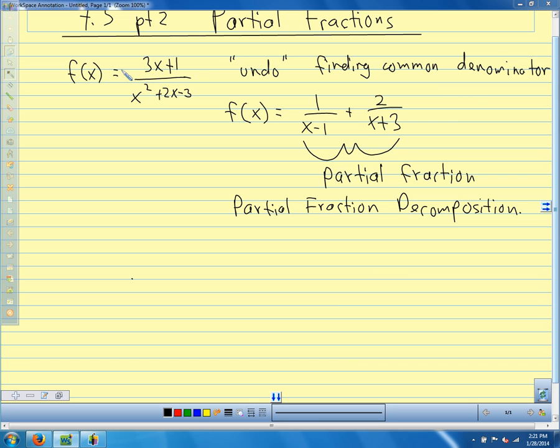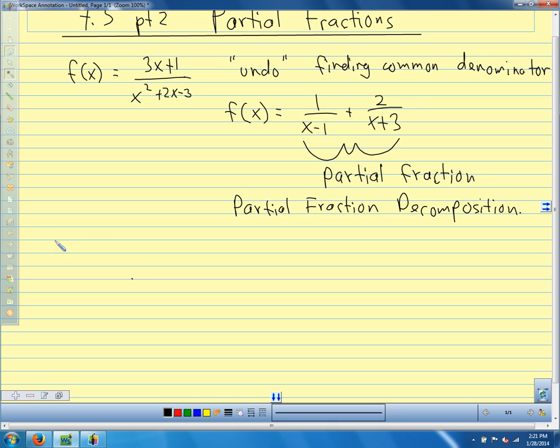So the process of taking this thing apart is called decomposing with partial fractions, and this would be the partial fraction decomposition, and each of these pieces would be a partial fraction. And what we're going to do is talk about how we do this.